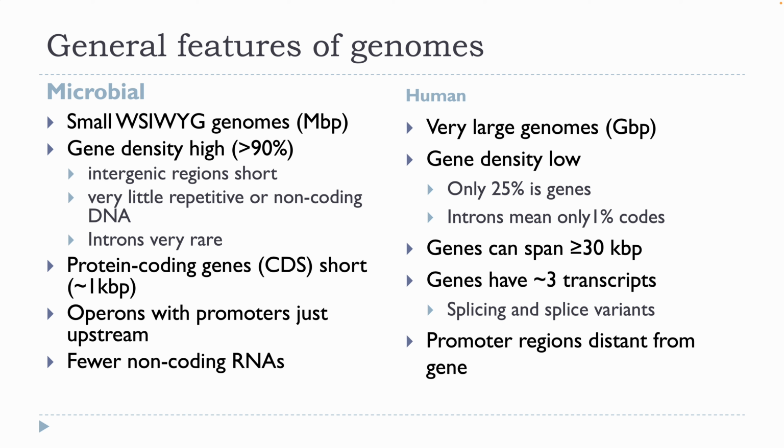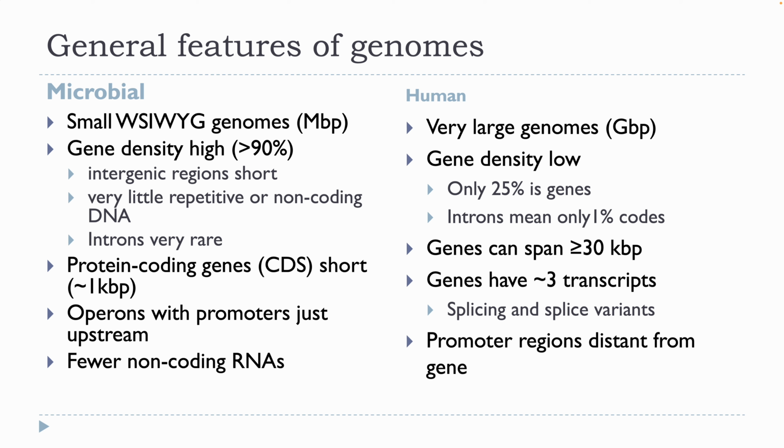Just going back to the first line there, typically a bacterial genome would be in the megabase pair range, so 2 million base pairs, something like that as the average. They might range down to 500,000 up to 7, 8, 9 million, but it's all in that megabase. Whereas for a human genome, we're talking gigabase pairs of sequence.